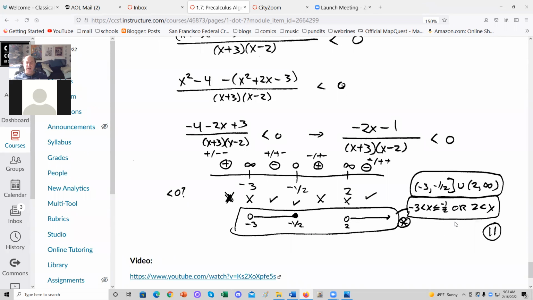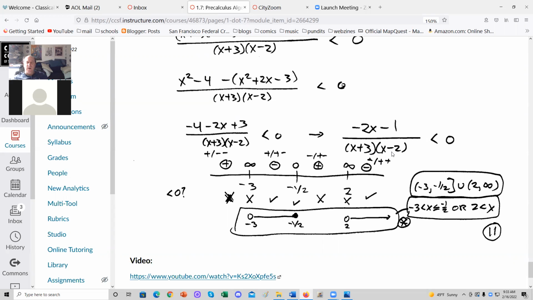Okay, great. The fraction goes to infinity at 2 and at −3. At 2 it's infinity, and at −3 it's infinity. This flips through 0 when x equals −1/2, so put a 0 at −1/2. Above 2, because of the minus, it will be a minus. So minus over plus times plus is minus. Go through 2.